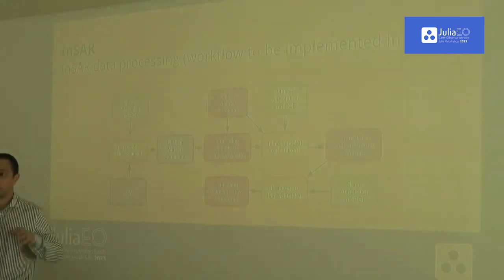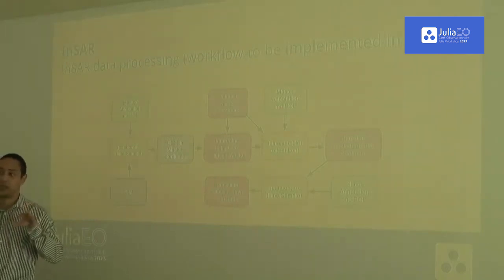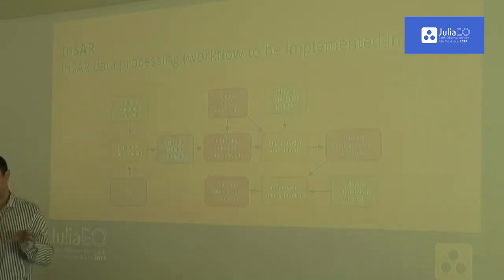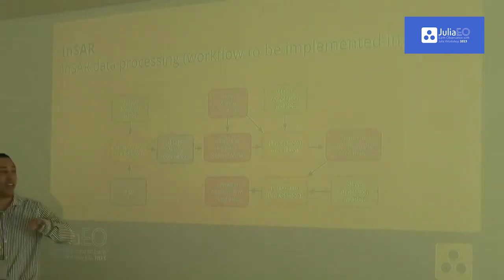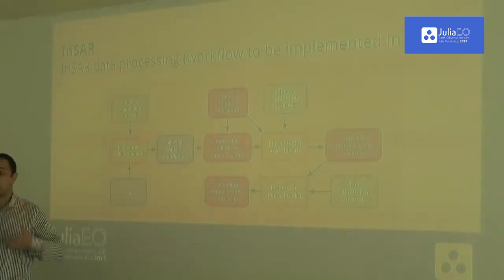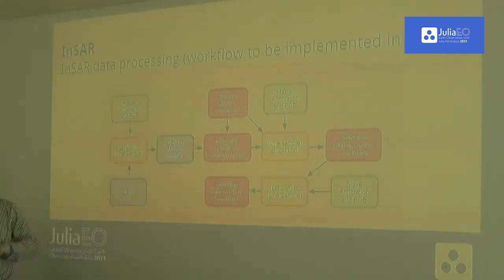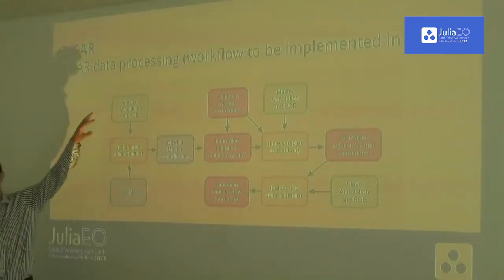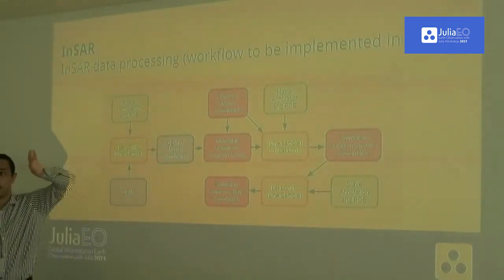But the idea is that you have one image that's acquired over the area, and then you have a second image that's also acquired, and then you have to take the second image and resample it to the first image so the pixels align pretty much perfectly, because any misalignment between the pixels will cause an artificial signal.